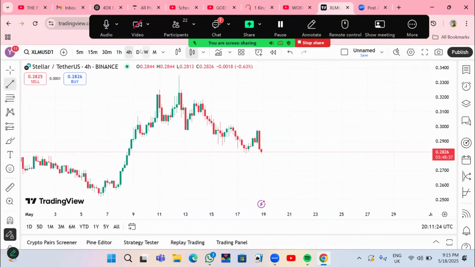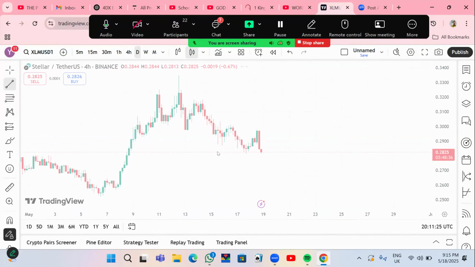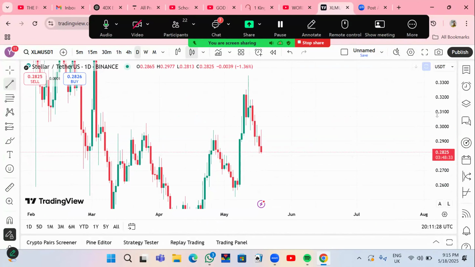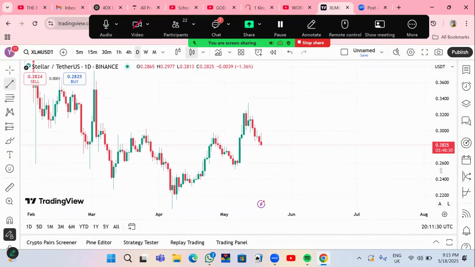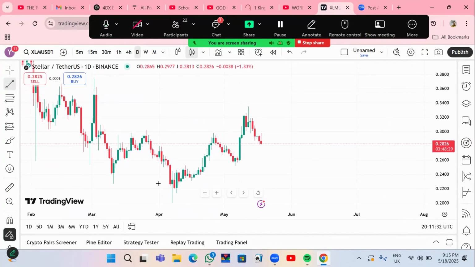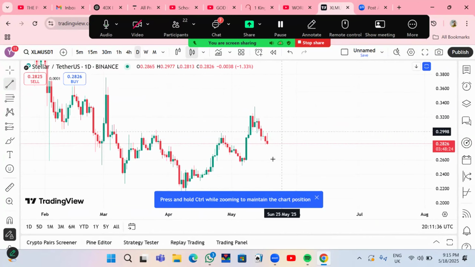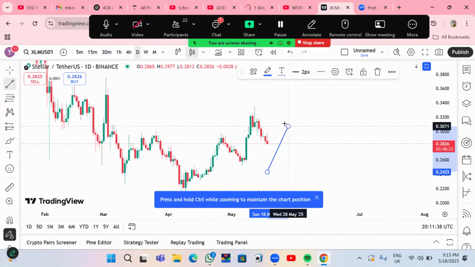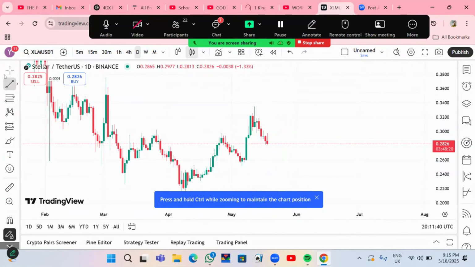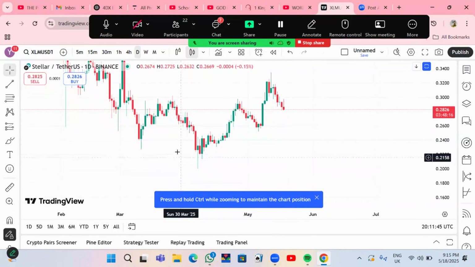On this XLM, you will see exactly what I've been saying about pullback when the previous high is broken. This is our support here, and I'm going to draw a line there.